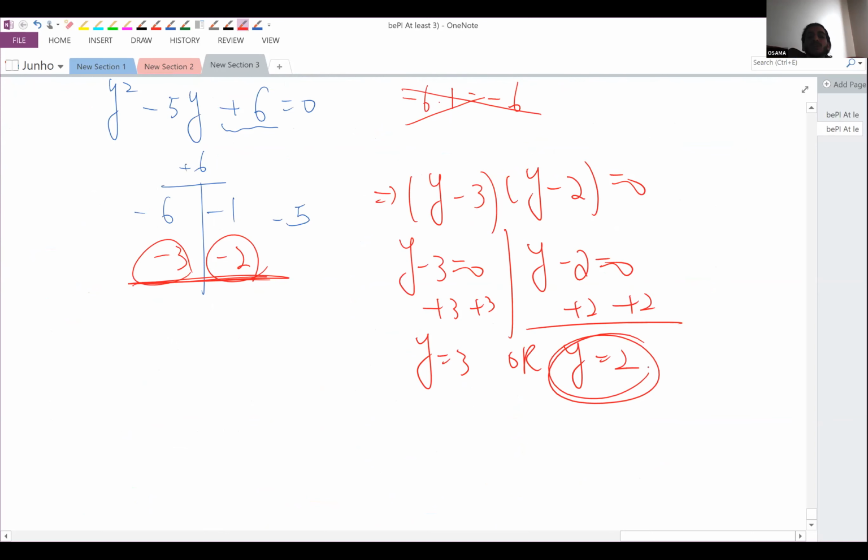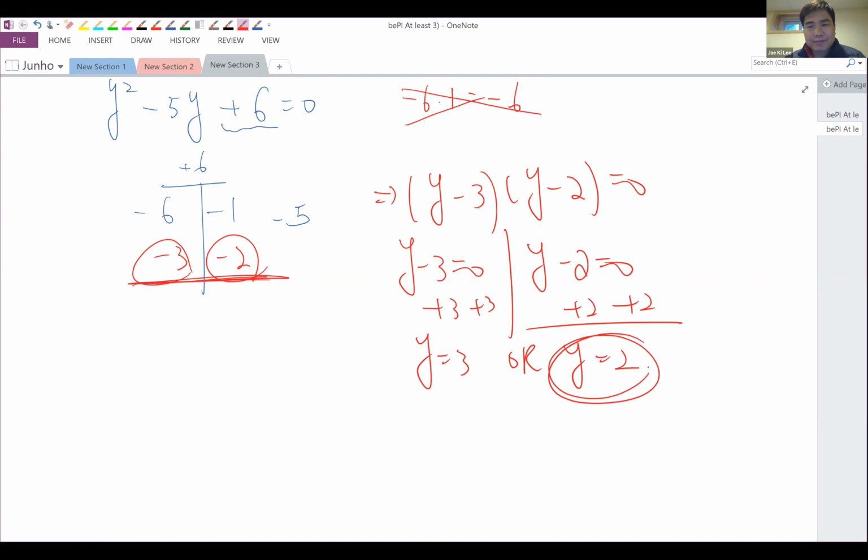Okay, so by that you mean if any of these solutions makes one of the denominators 0, that means it's not the answer. Exactly, yes. Because any answer that makes a denominator factor equal to 0 represents an undefined case. Exactly. Okay.